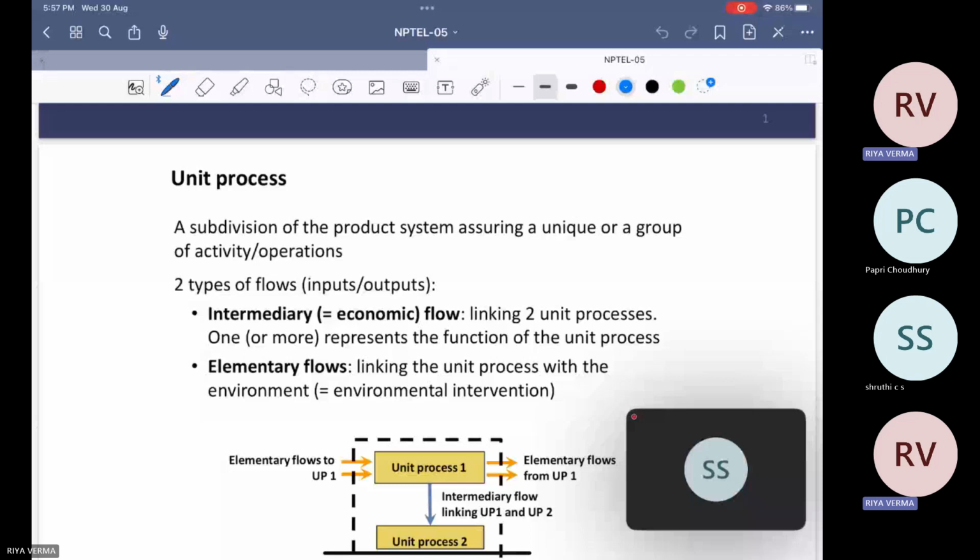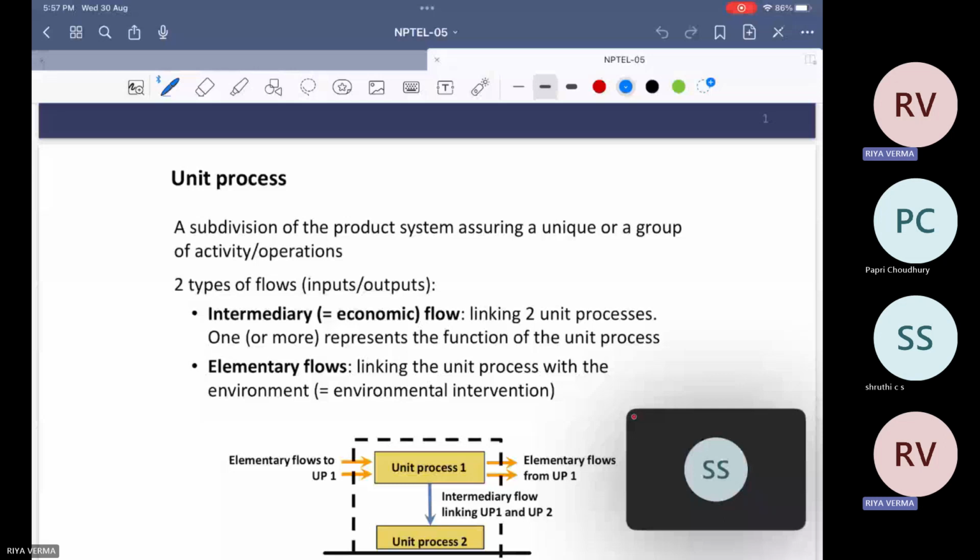So, the first flow is your intermediary or the economic flow. This flow is used to link two unit processes. For example, during your solid waste management, once the waste gets into the facility, the first process is your waste segregation. So that is one unit process.